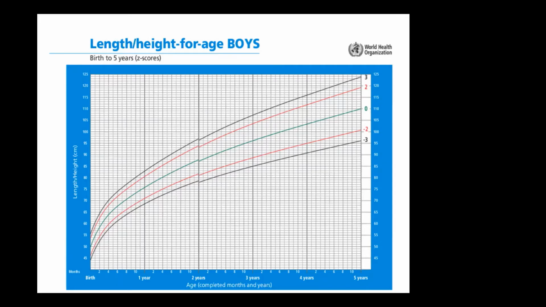There are different charts for height for age, or stunting, and for wasting and underweight, with different criteria for boys and girls. In this chart, the green line shows the average. If someone is below -2, the red line, it is undernutrition, like stunting, wasting, or underweight. And if it's above +2, for weight or height, then it's overweight, the BMI.